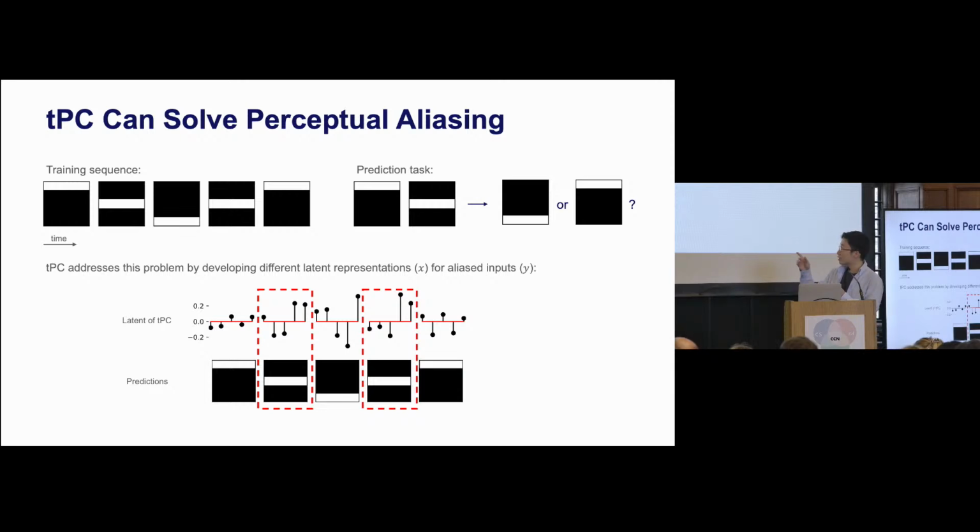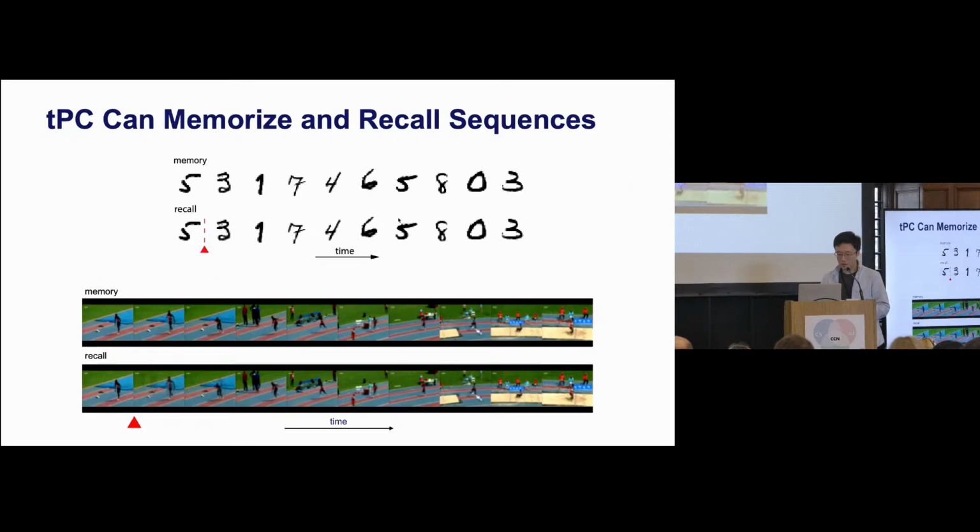And we found that the latent representations of these two identical observations are quite different. That's how the temporal predictive coding is indexing the contextual information and making the correct prediction of the next time step.